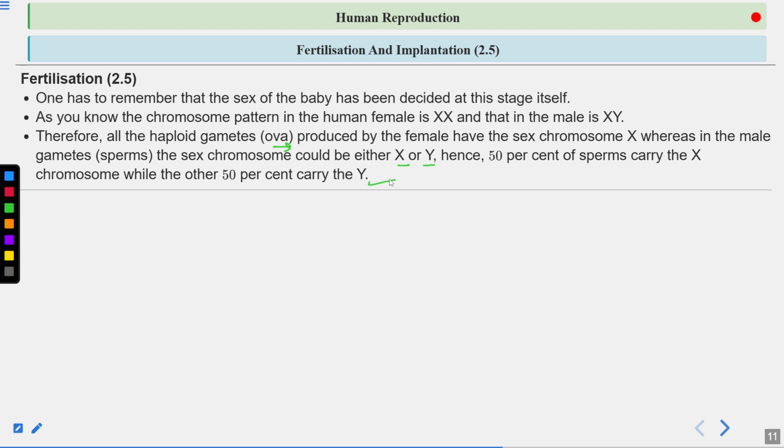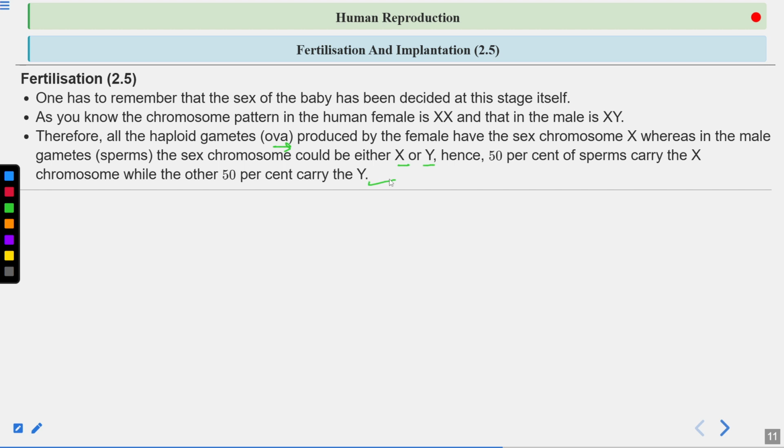Males are producing two kinds of gametes. So if the sperm carrying the X chromosome fertilizes the egg, then the XX condition is observed in the zygote and it will develop into a female. If the male gamete, the sperm, carries the Y chromosome and fuses with the egg, then the XY condition will be there in the zygote and this will develop into a male.